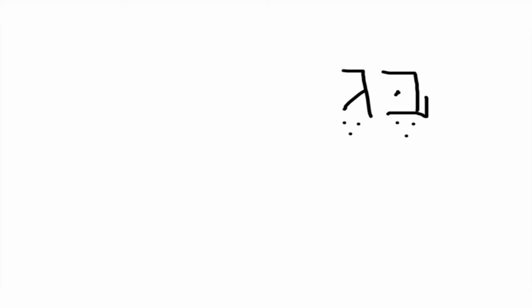Gimel with a segol. And now write for me a daled. Do you notice? This is a word, and it is, sound it out for me if you can. Beged. This is bet, gimel, daled, and it has the same vowels. How do you like that? Okay, perfect. Let us do the next word.